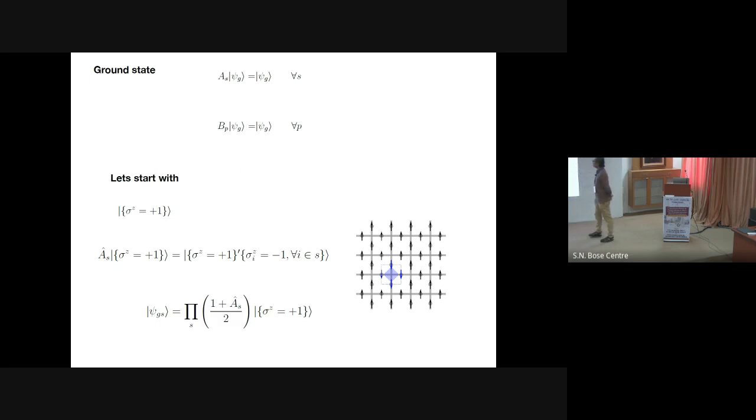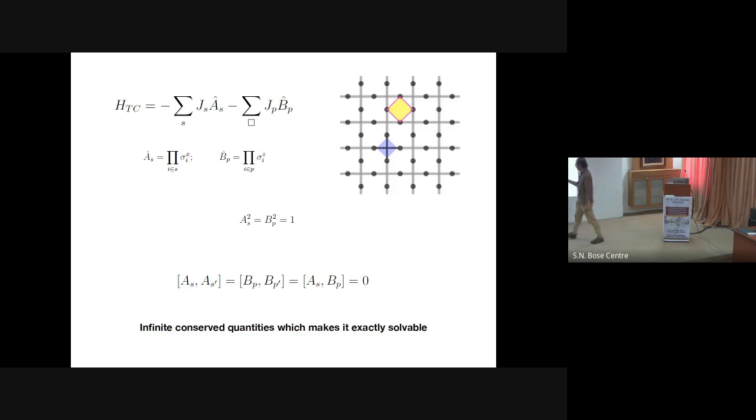What we want in a ground state is that all the A_s operators have eigenvalue +1 and B_p have eigenvalue -1, because of this being the Hamiltonian.